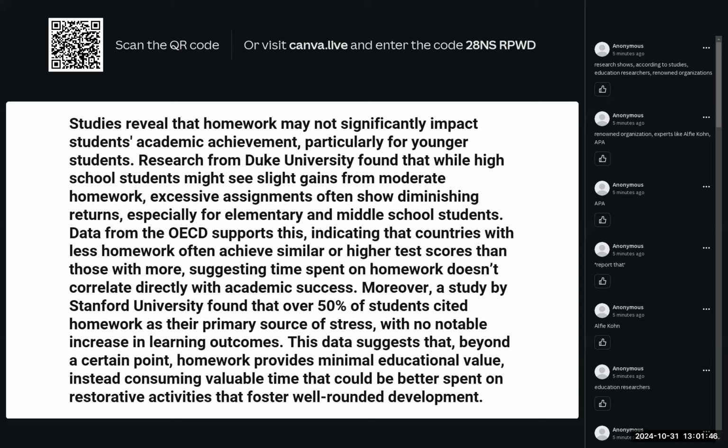Moreover, a study by Stanford University found that over 50% of students cited homework as their primary source of stress, with no notable increase in learning outcomes. This data suggests that, beyond a certain point, homework provides minimal educational value, instead consuming valuable time that could be better spent on restorative activities that foster well-rounded development.